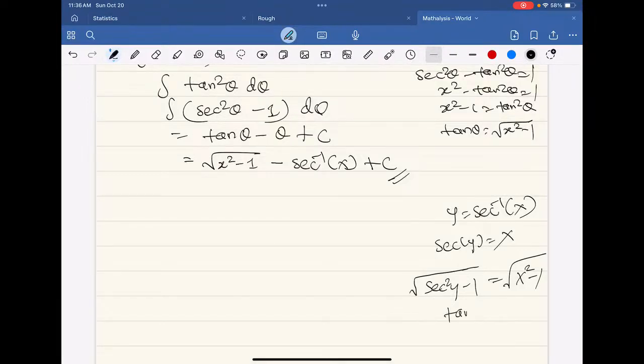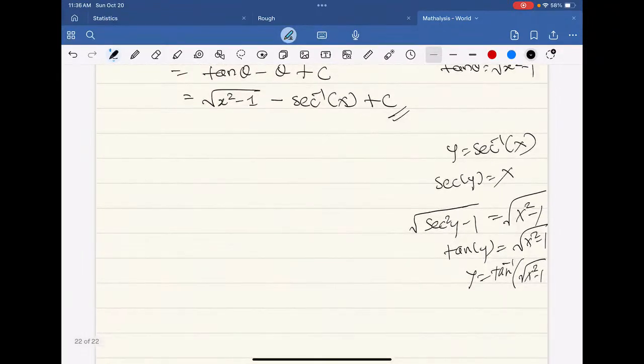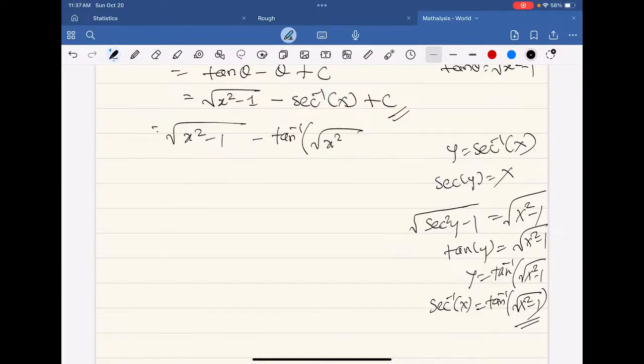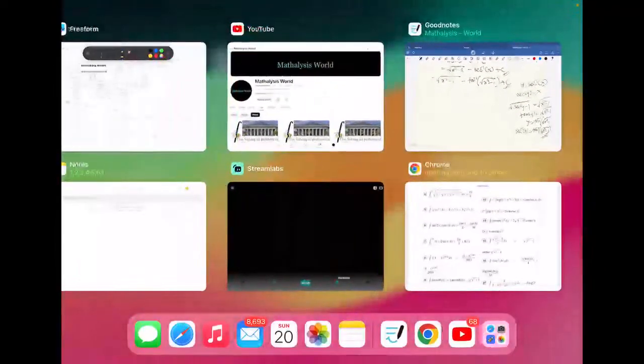So this will now be tan y is equals to square root of x square minus 1. So y is tan inverse of square root of x square minus 1. So therefore, since y is sec inverse x, we can say that sec inverse x is tan inverse of square root of x square minus 1, right? Therefore, I can also write this as square root of x square minus 1 minus tan inverse of square root of x square minus 1 plus c. There's really no reason for doing this, just to complicate stuff, but because the answer here was in that form.